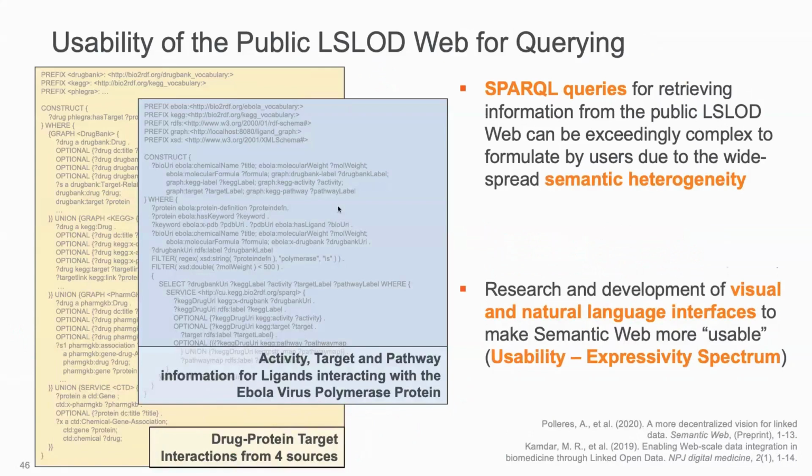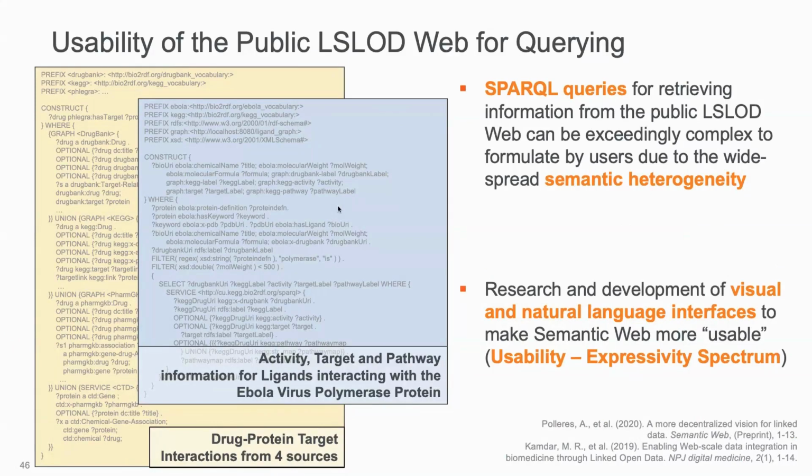And finally, once again, the publicly available life sciences linked open data web has a lot of different sources, and there is widespread semantic heterogeneity. For example, the way a particular drug or a particular drug interaction is mentioned can use completely different schema elements. So the SPARQL queries that are often required to retrieve information from the publicly available LSLOD web can be exceedingly complex.